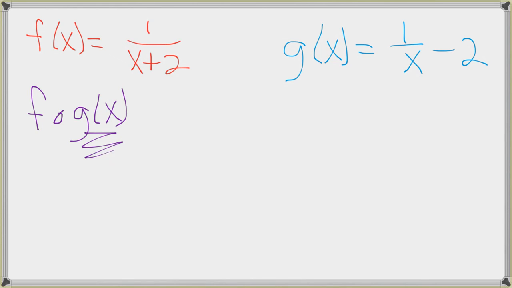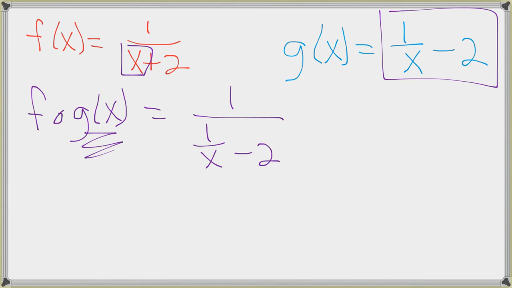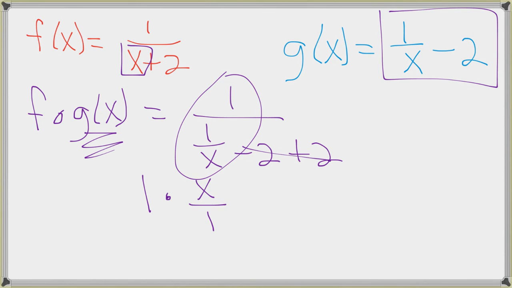Take the blue function g of x, plug it into the red function f of x. You have a complex fraction. The 2's cancel. We have 1 divided by 1 over x, which is the same thing as 1 times x over 1. Keep, change, flip. The 1's cancel. What's left? Just x.